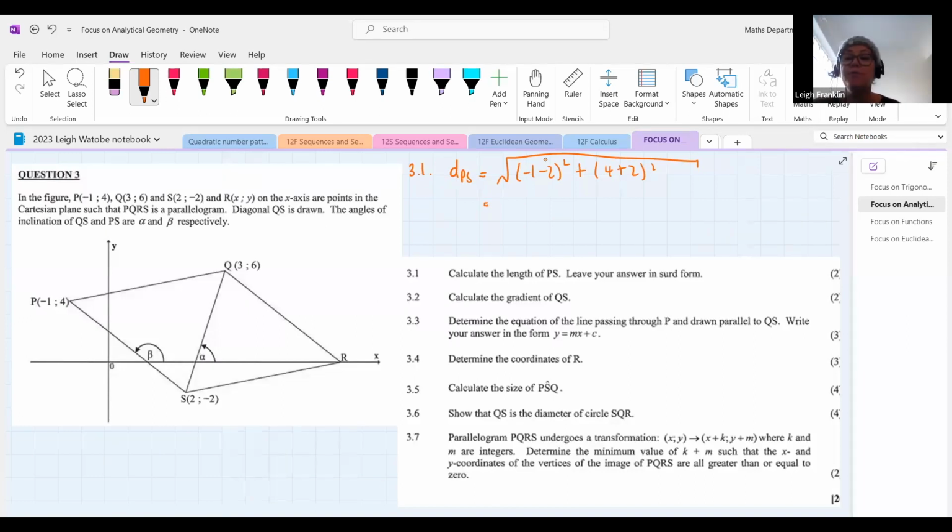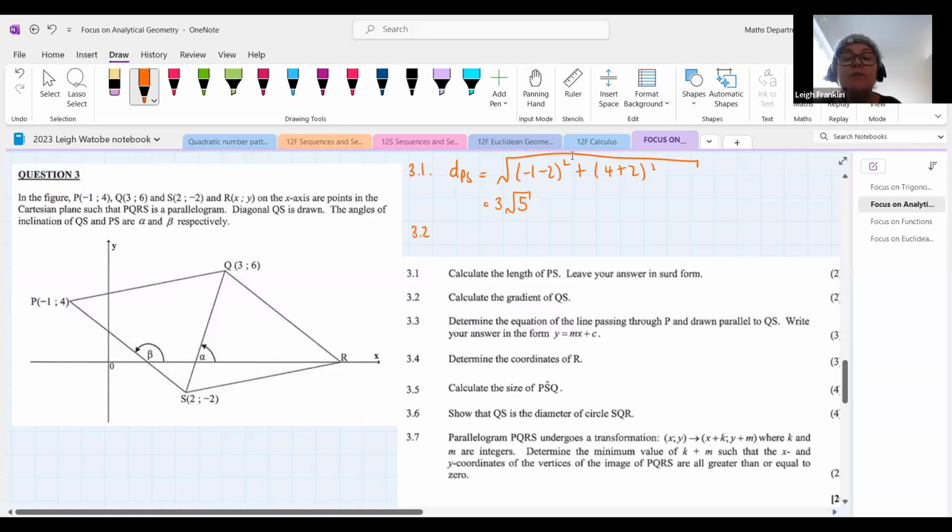Are you getting 3√5? Oh, good. Okay. All right. Then the next thing that they want us to do, good stuff. Nice. All right, everybody.